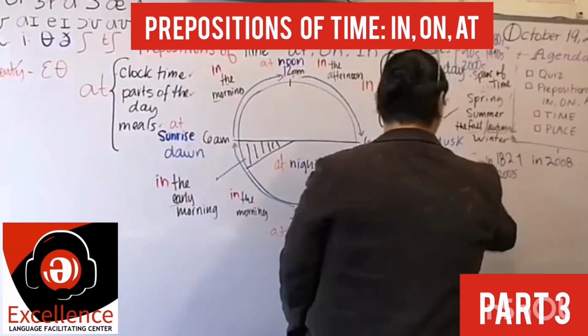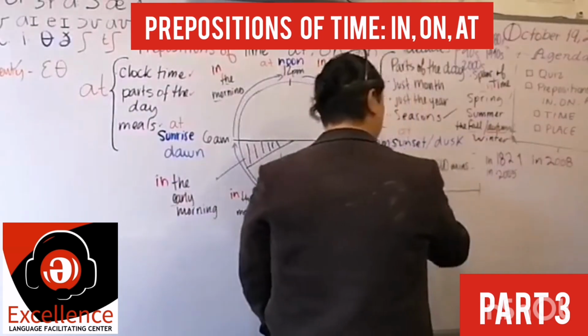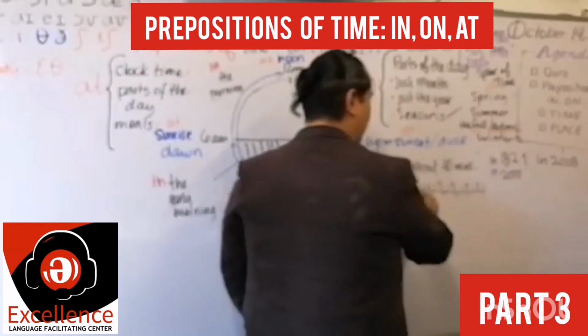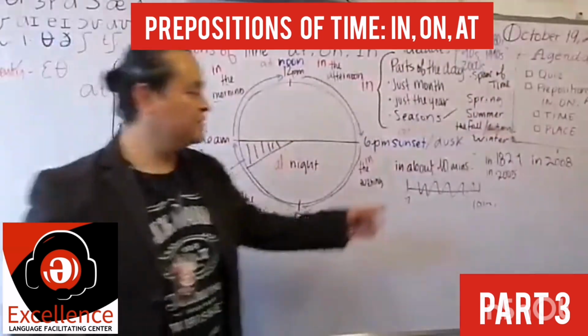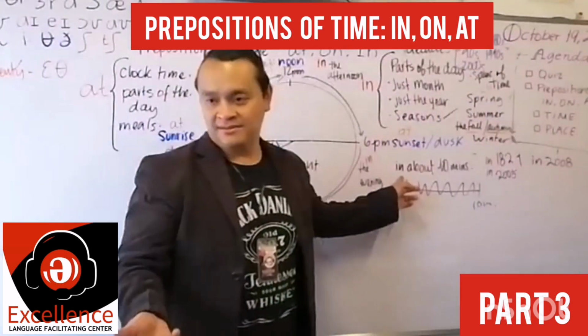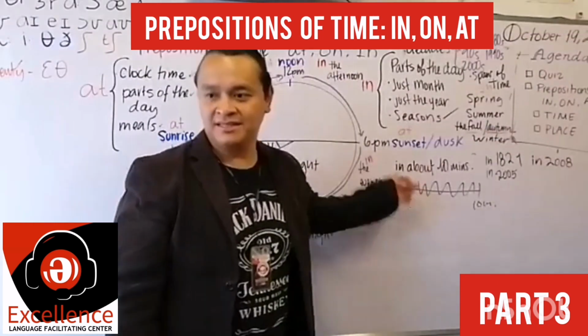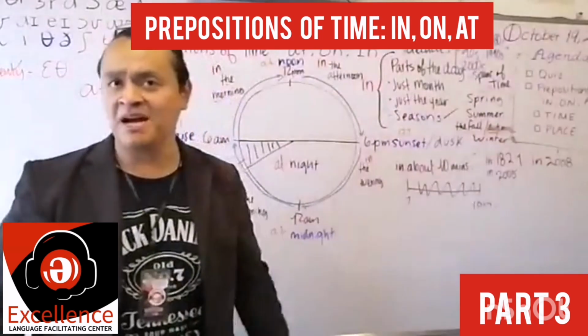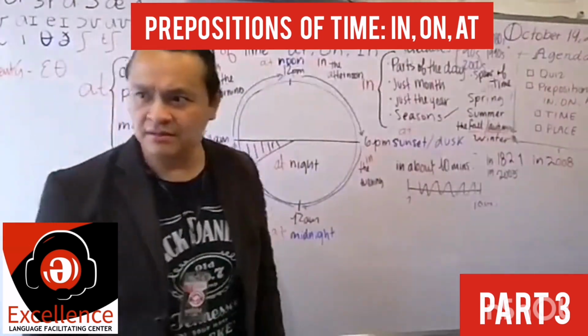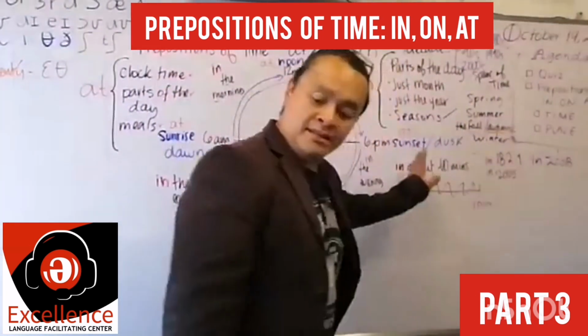So here to here is the span, right? One minute to 10 minutes. And the class will finish in about 2 hours, 2 and a half hours. Are we good with this?